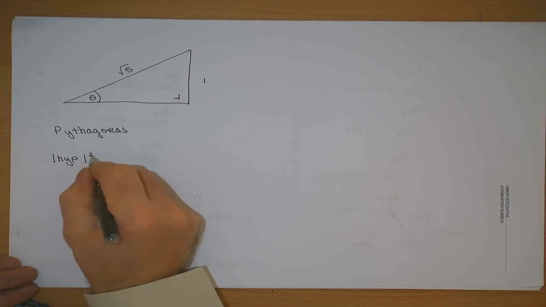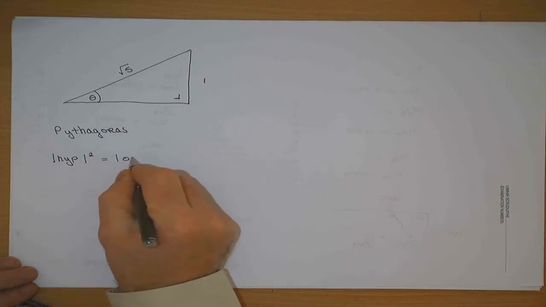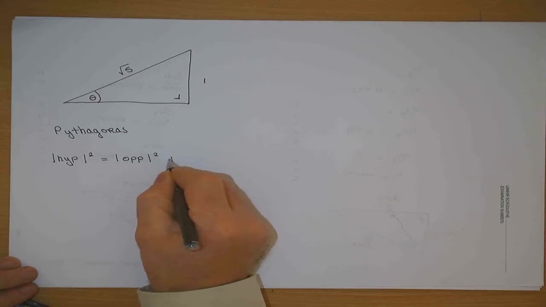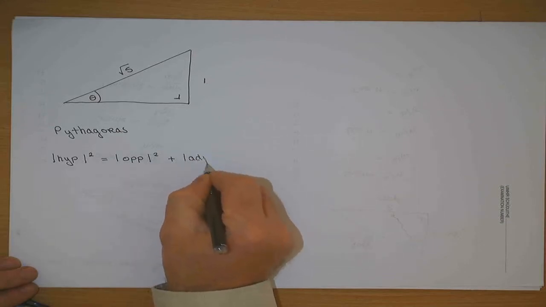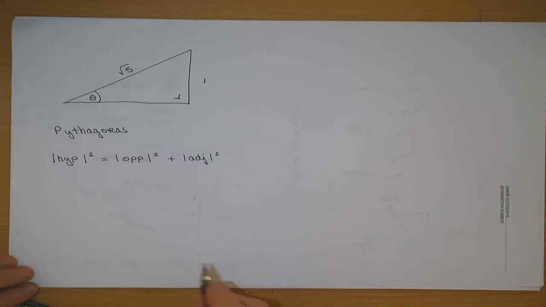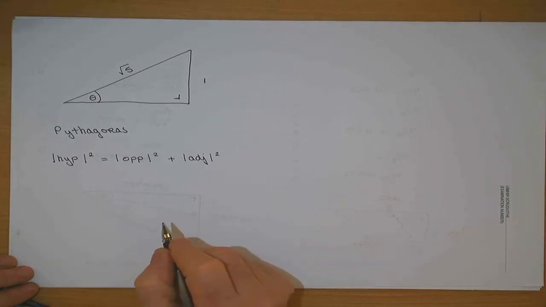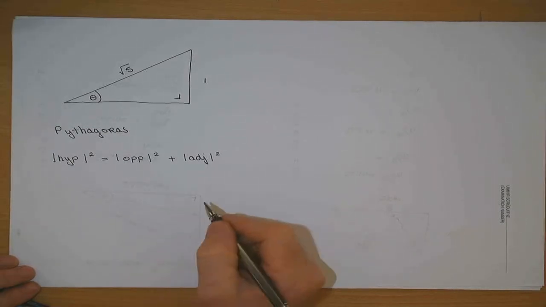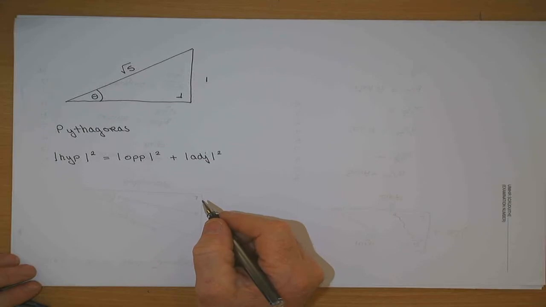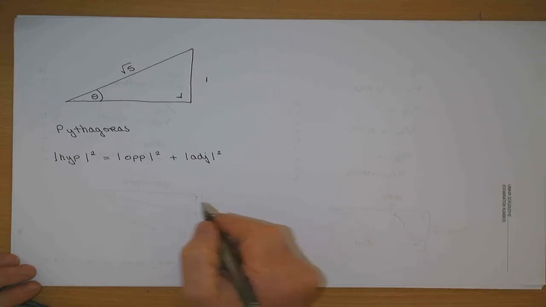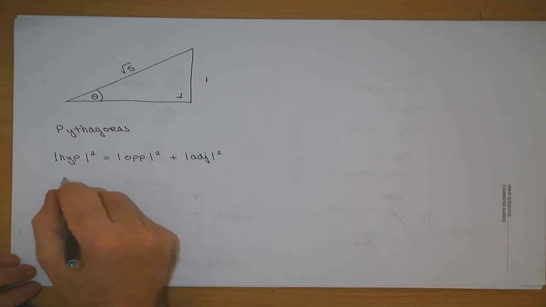The hypotenuse squared is the length squared plus the adjacent squared. And when does this work? When it's a right angle triangle, you're given two sides, and you want the third side. What's the hypotenuse? Root 5 squared.